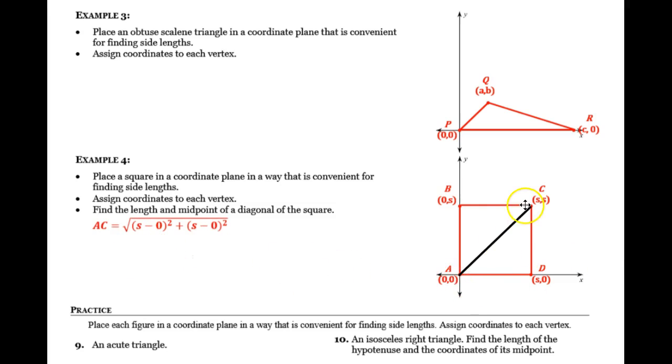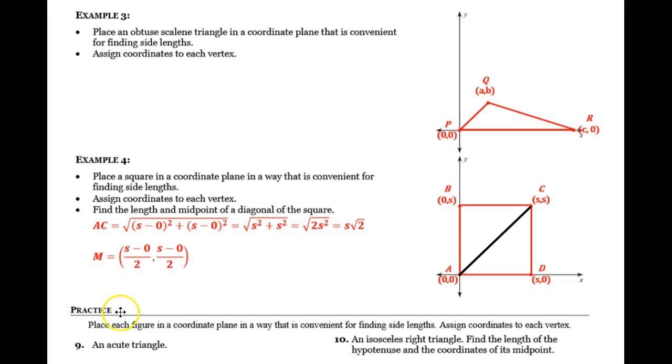So my diagonal AC has a distance of the square root of (S minus 0) squared plus (S minus 0) squared, which gives us the square root of S squared plus S squared, which is the square root of 2 S squared. And S squared, you can take the square root of that, but not of 2. So the length of this diagonal is S root 2.